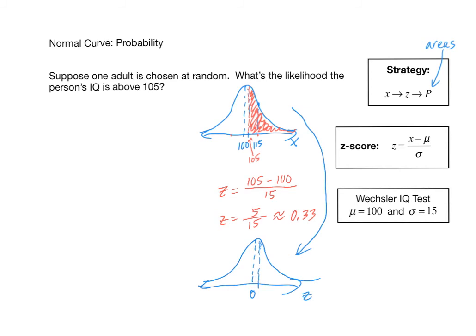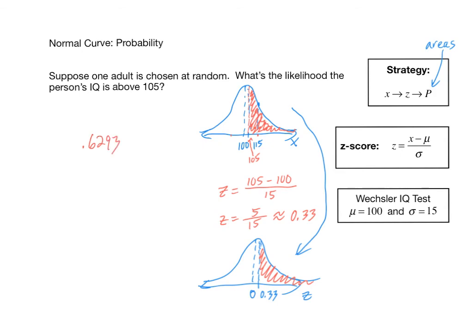We are right here at a z-score of 0.33. And we now want the area to the right of that. These two areas are the same, this one here and this one here. If we now turn to our standard normal distribution table, the area associated with the z-score 0.33 is 0.6293.